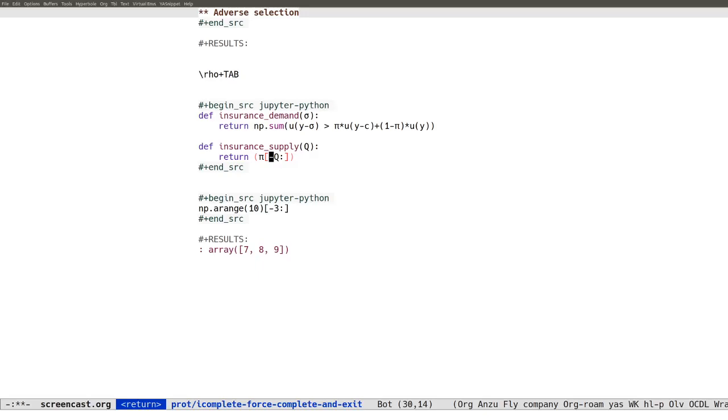If we're going to sell 10 units, so q is equal to 10, then the people that are going to buy these are, from the vector pi, which is sorted, the last 10 elements. So the average risk is going to be the mean of this. This is the average probability that you have to pay as an insurer, and C is the cost that you actually have to pay if somebody claims that they had an accident.